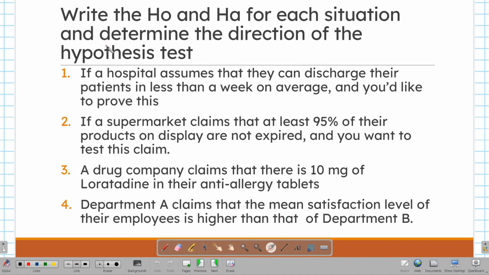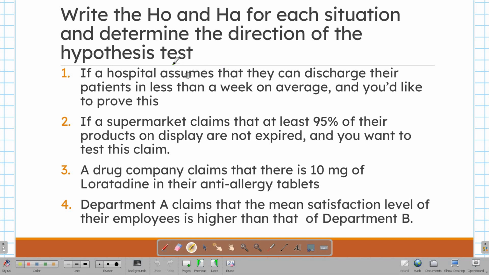We have the first one. If a hospital assumes that they can discharge their patients in less than a week on average, and you'd like to prove this, we're asked to write the H0, HA, and then determine the direction. So, the first thing to do is to check what is the claim of the problem.